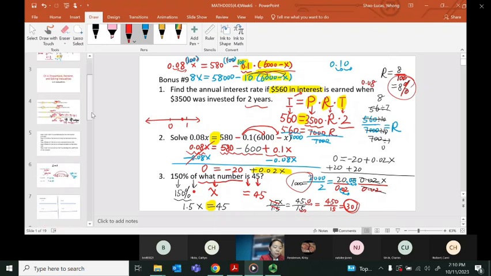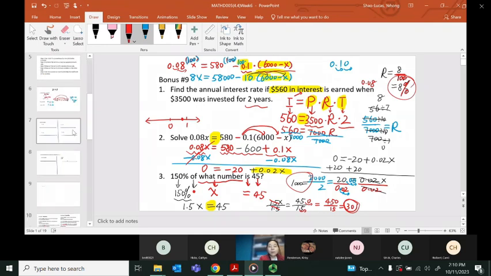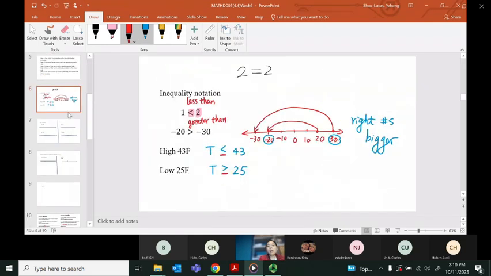But for inequalities, whenever you say the highest temperature is 43 and the lowest is 25, there are so many possibilities, so many answers. The temperature could be 25, 26, 27, 28, 29, all the way to 43, or actually more than that. You could say 25.6 degrees, or 29.8 degrees.